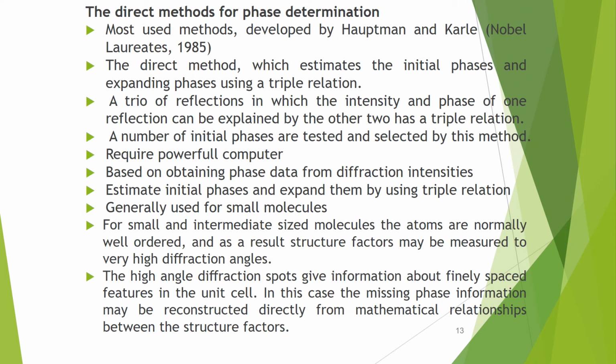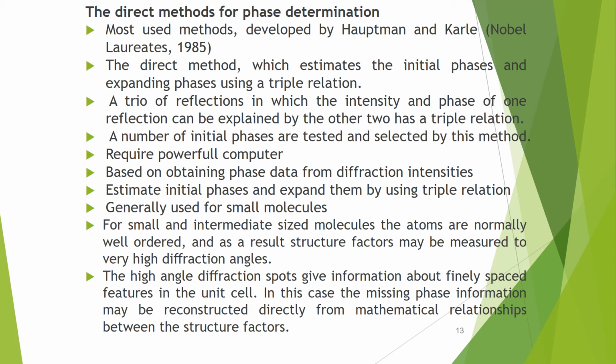This is another method, the direct methods for phase determination. This is the most widely used method. It was developed by Hauptman and Karle, who are Nobel laureates of 1985.